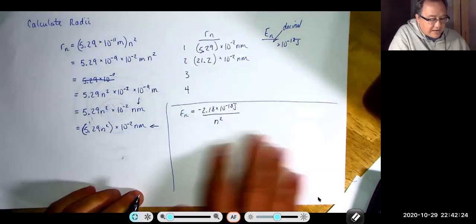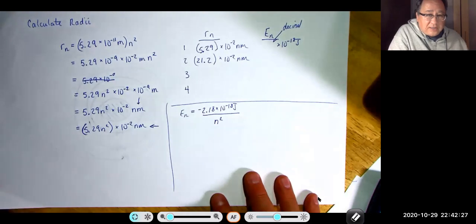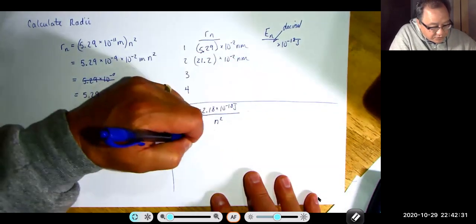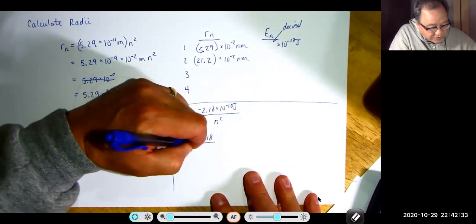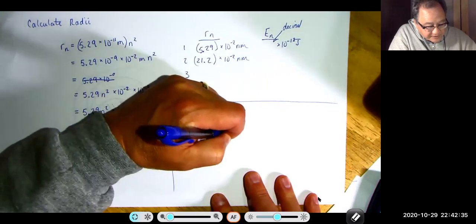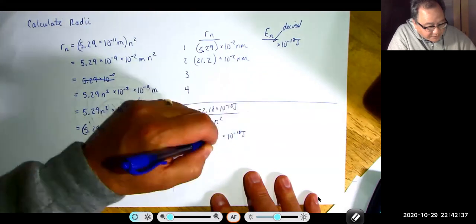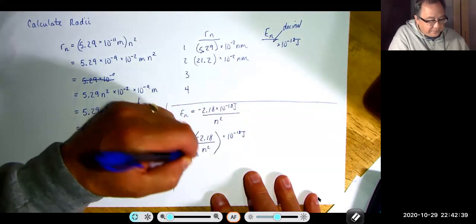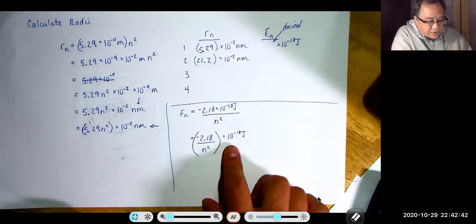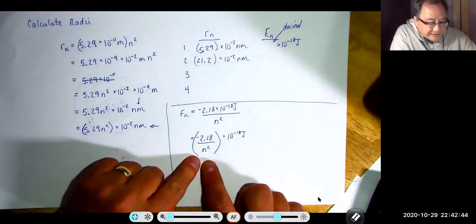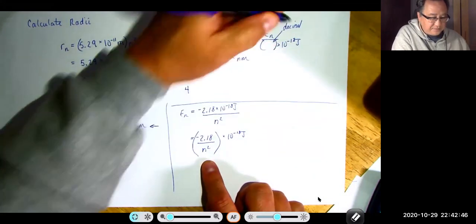So how do we get our answers to be all times 10 to the minus 18 joules? Well, we just make this equal to minus 2.18 over n squared times 10 to the minus 18 joules. And I'm going to put this in parentheses. And here, if we just focus on what's in parentheses, that's what's right here.